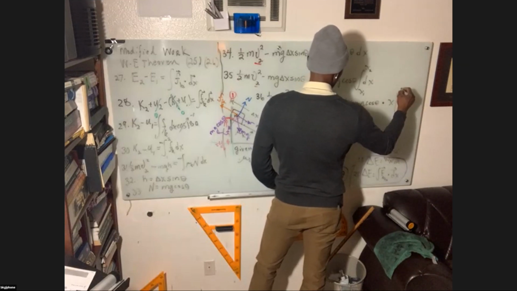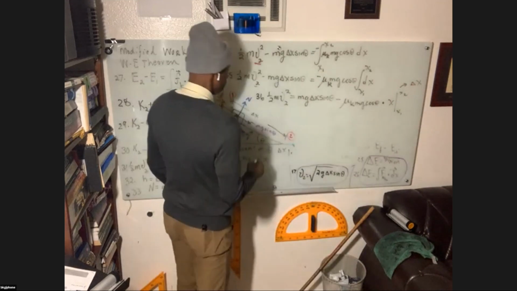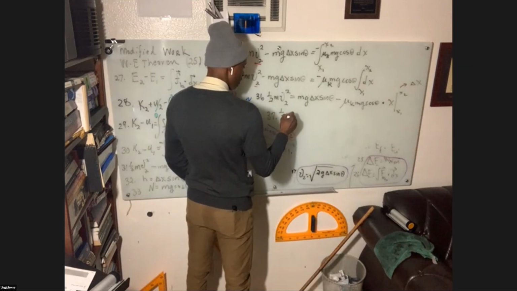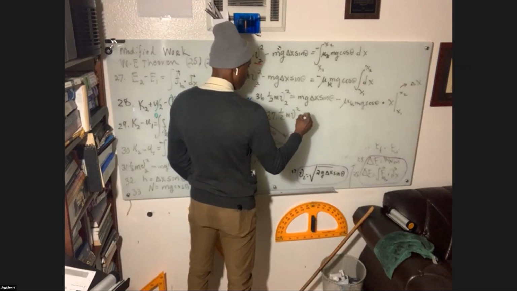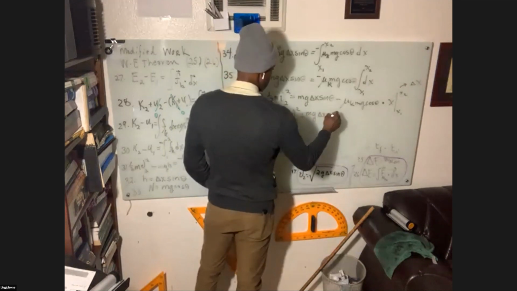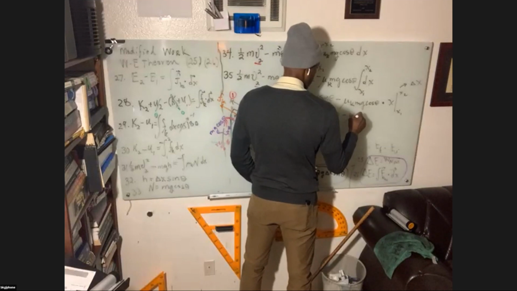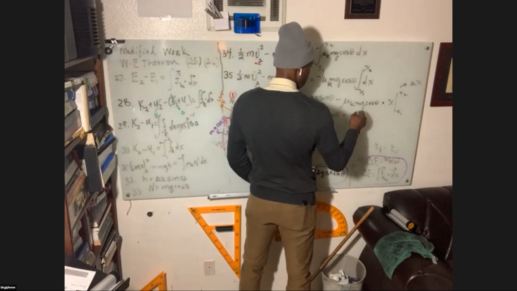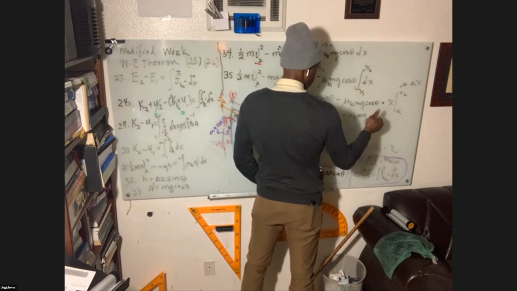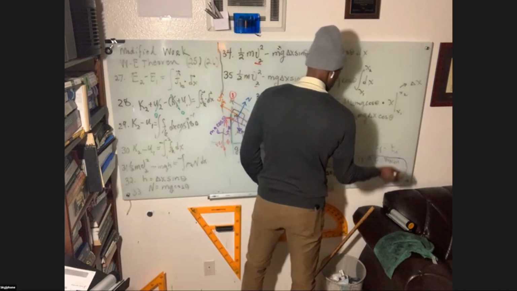As I said, that just becomes delta x. So that's 1/2 mv squared equals mg delta x sine theta minus mu k mg, and I'm going to put the delta x in front of the cosine, so delta x and then cosine of theta.